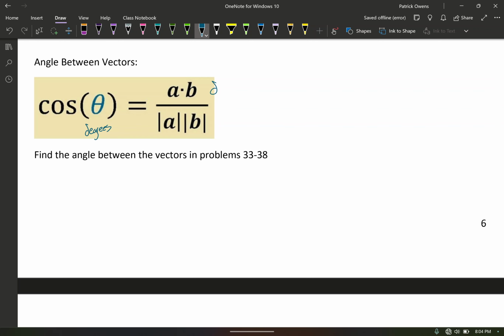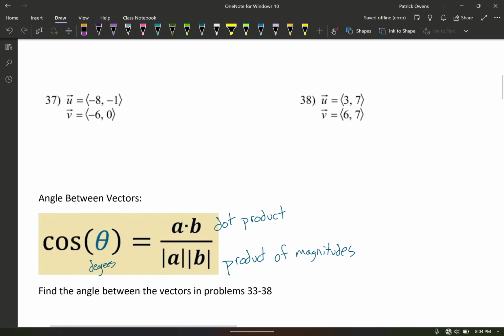Our numerator is our dot product, and then our denominator is our product of the magnitudes. So our magnitude of a vector is shown as absolute value because that's really what absolute value is. It's a magnitude, it's a distance from 0, and that's the notation we're going to use.